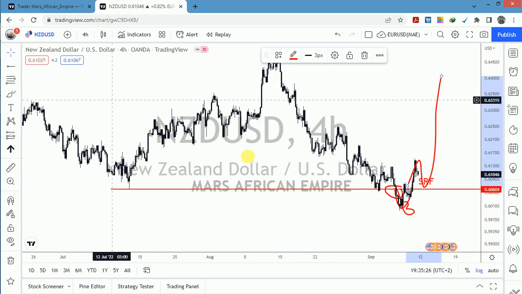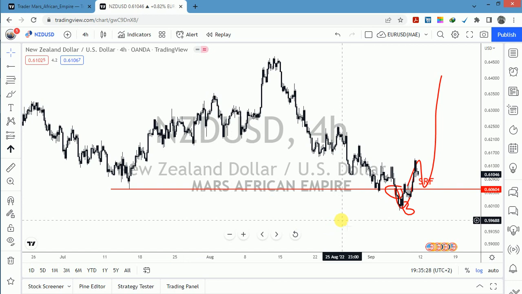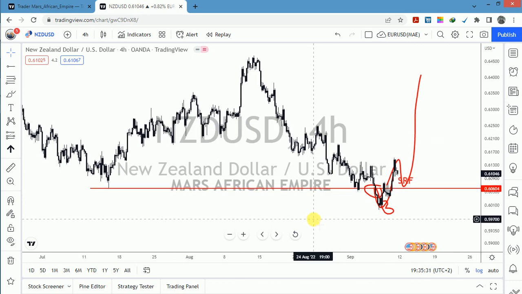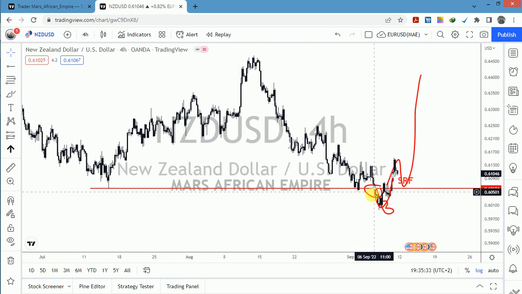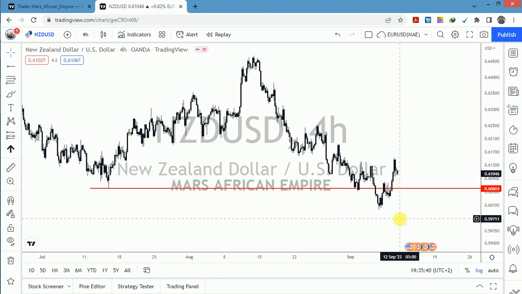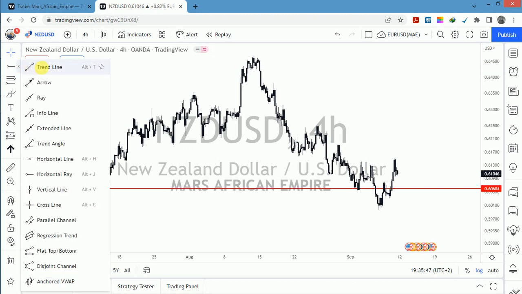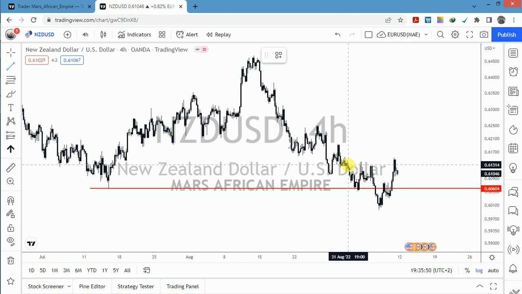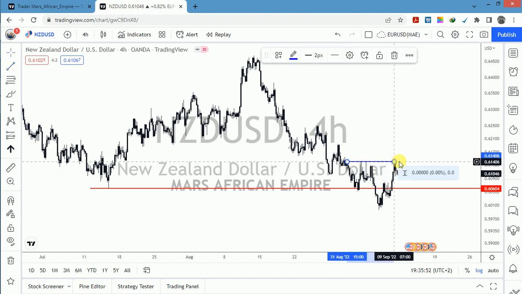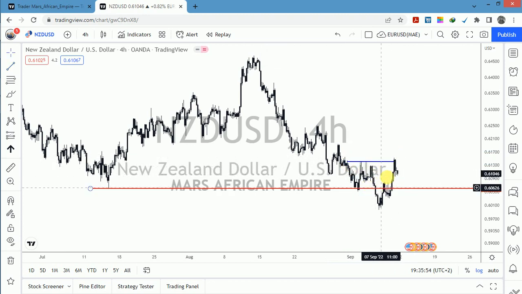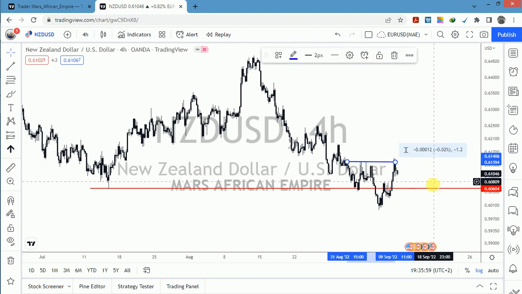So obviously we need to have an entry. We are going to try and look for an entry on smaller time frames. Let's do that, gentlemen. Okay, so for those who are doing market structure, I want to believe that if we have something like this, and then we close above that price, you guys call it change of character, right?